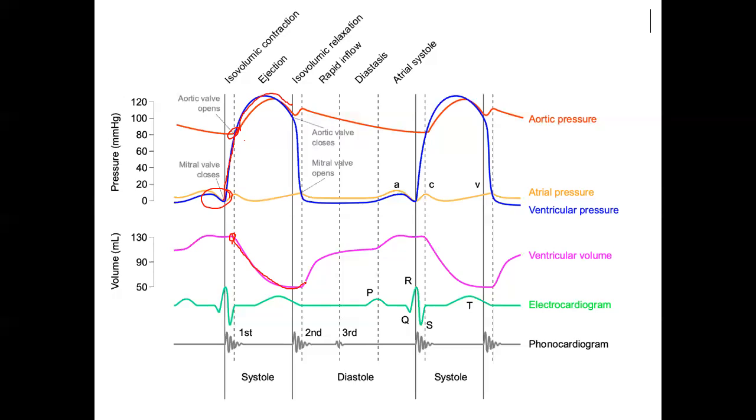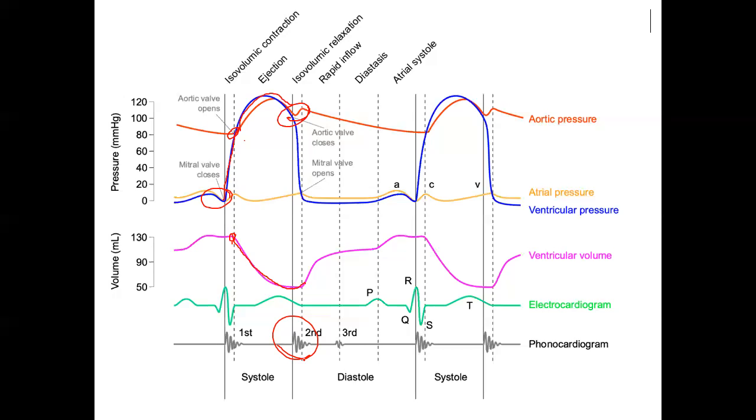When the pressure equalizes between the ventricle and the aorta, and pressure in the ventricle drops below the pressure in the aorta, the aortic valve slaps shut. We hear S2 down here because the blood is splashing against the valve. That's what we're hearing. And the vessel starts to relax.